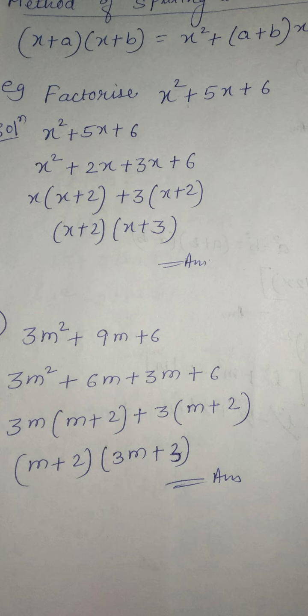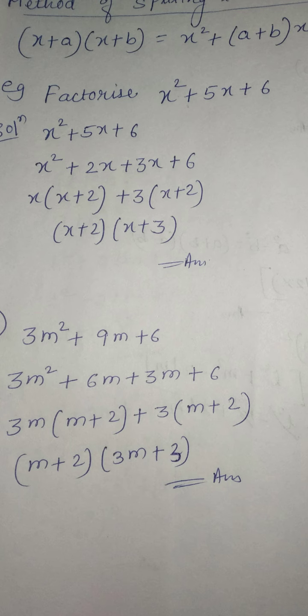So any variable can be used. It is not compulsory that x or y, particularly one thing, will be used. Anything can be used. So here m square is there, doesn't matter. Earlier, x square means 1x square, 1 is the coefficient. Here in 3m square, the coefficient is 3. There lies the difference.